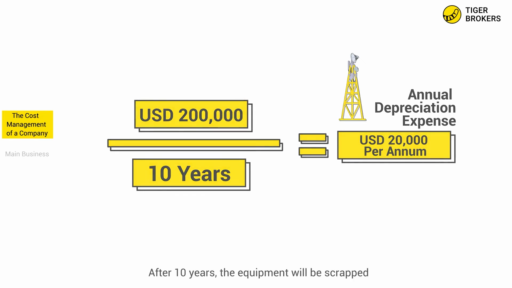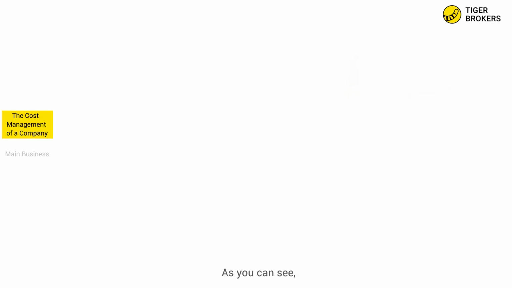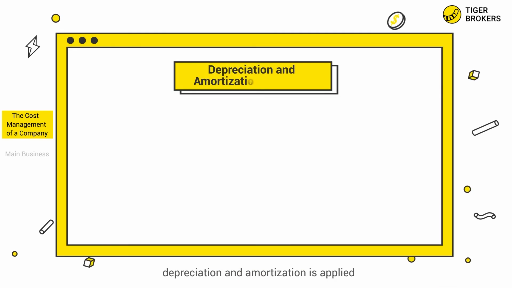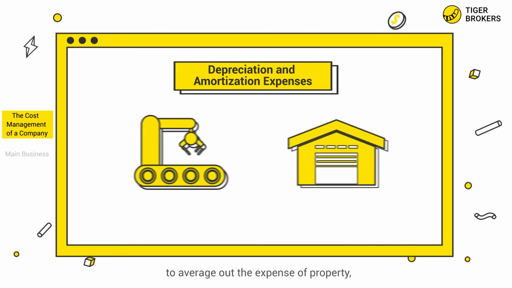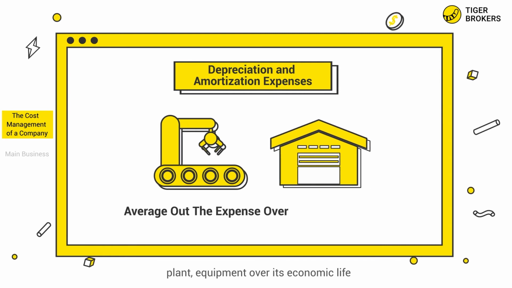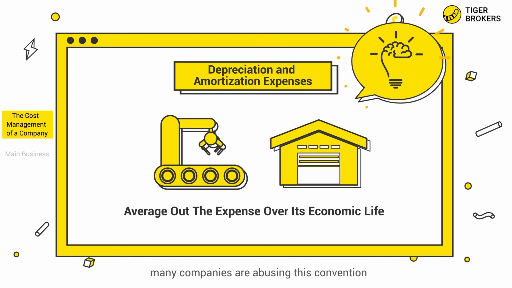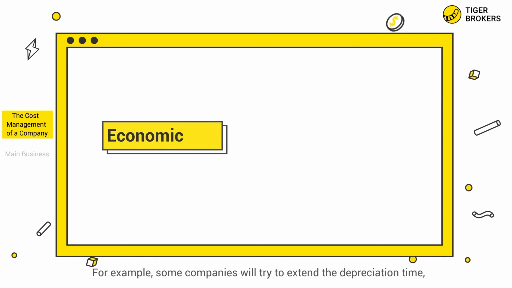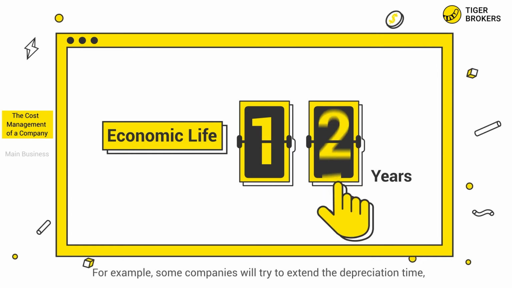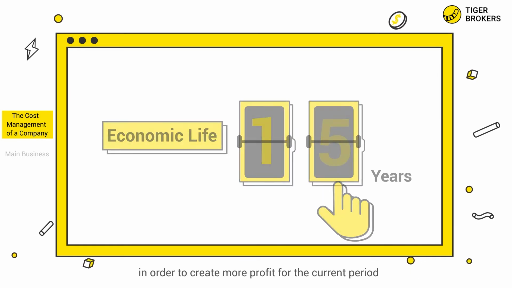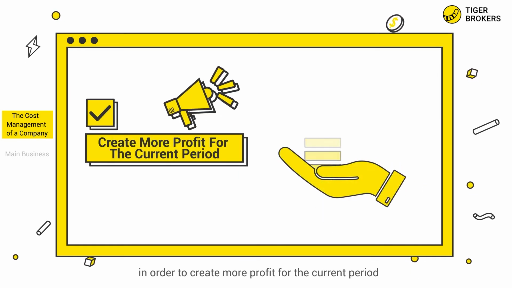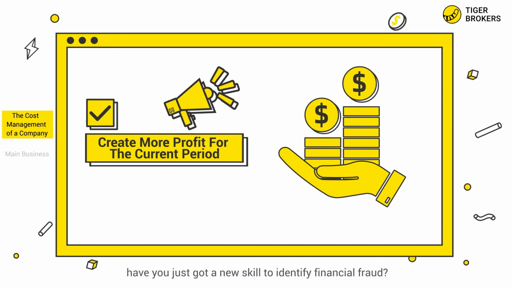After 10 years, the equipment will be scrapped. As you can see, depreciation and amortization is applied to average out the expense of property, plant, and equipment over its economic life. While there's nothing wrong with this calculation method, many companies are abusing this convention. For example, some companies would try to extend the depreciation time in order to create more profit for the current period. Through this knowledge, have you just got a new skill to identify financial fraud?